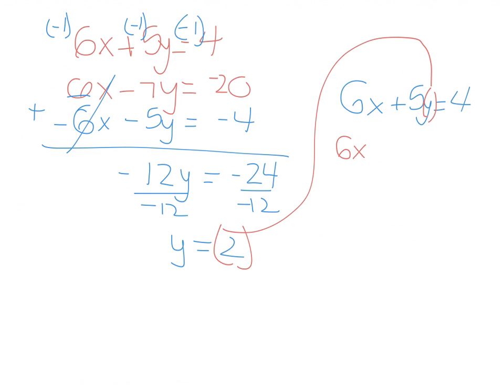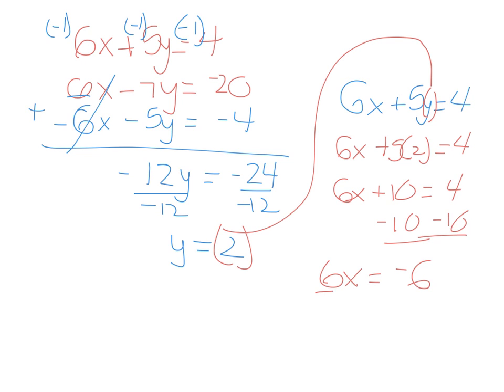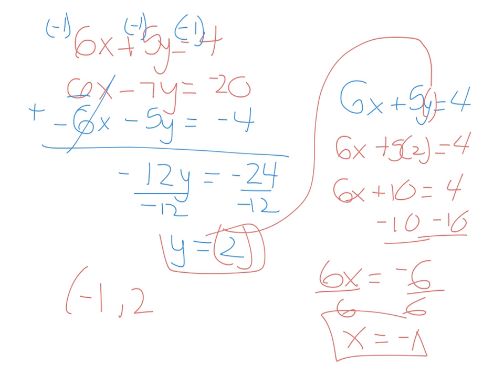So 6x plus 5 times 2 equals 4. 6x plus 10 equals 4. Subtract 10. 6x equals negative 6. Divide by 6. X equals negative 1. So my ordered pair is negative 1, positive 2.